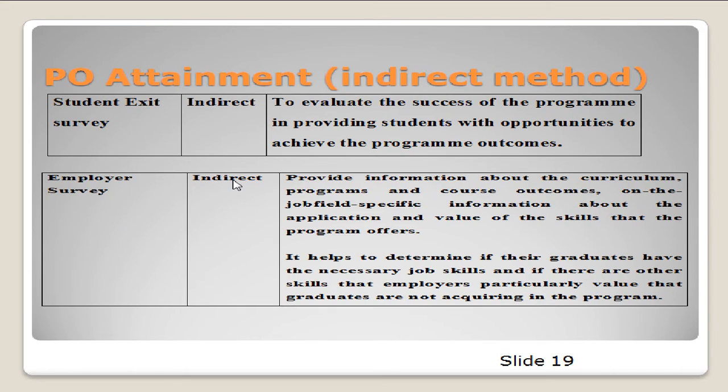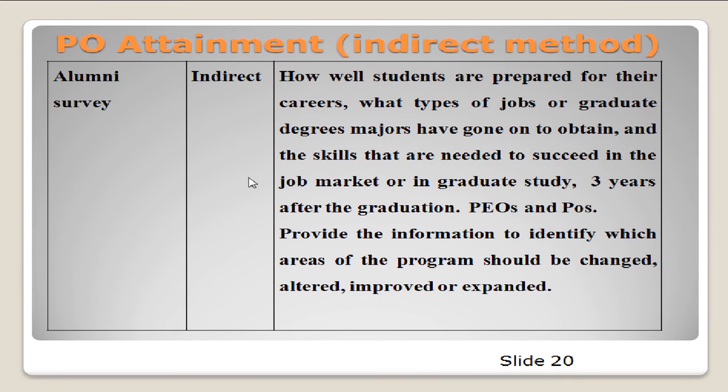Employer survey is again an indirect method. This can be used to check program outcomes and also see whether educational objectives are met. Okay, again, alumni survey. This can be used to assess program educational objectives and program outcomes.